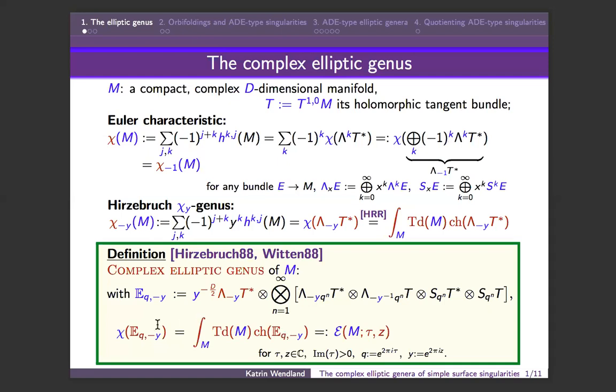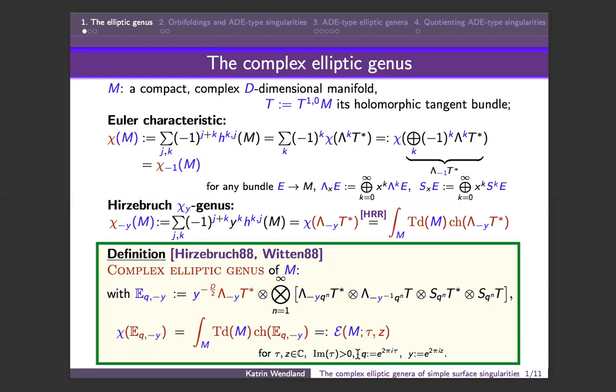And now it turns out that this formal power series in Q and Y inverse actually is a holomorphic function as long as you restrict to the appropriate domains for these variables. Q must live in a punctured unit disk, and Y must live in the punctured complex plane, and that's it.